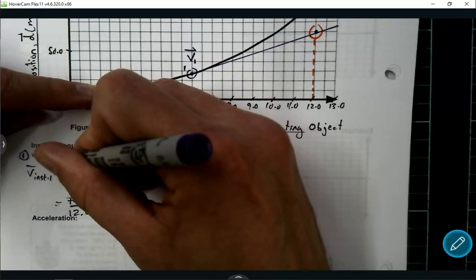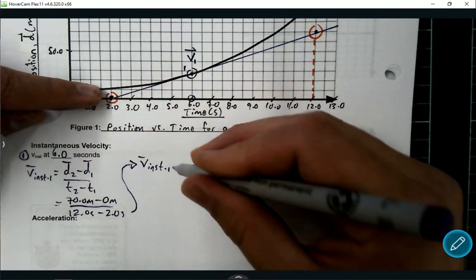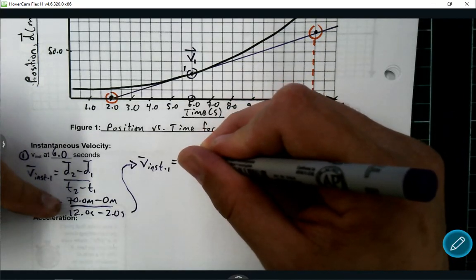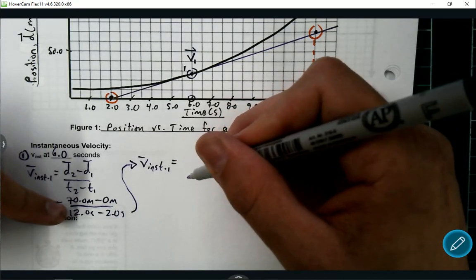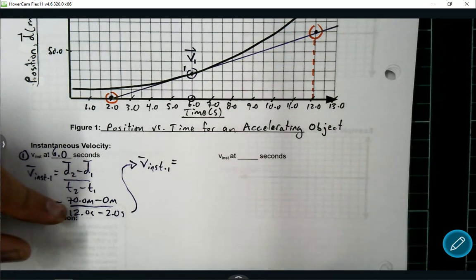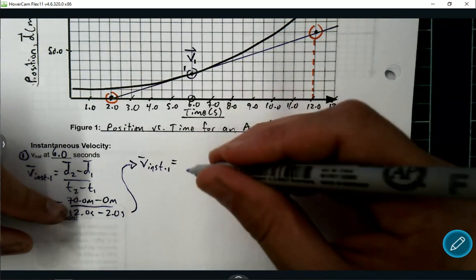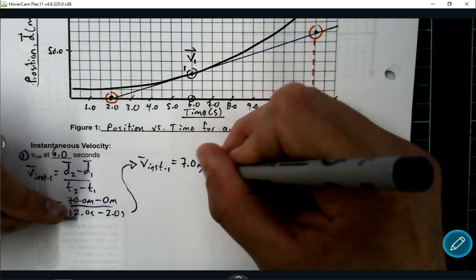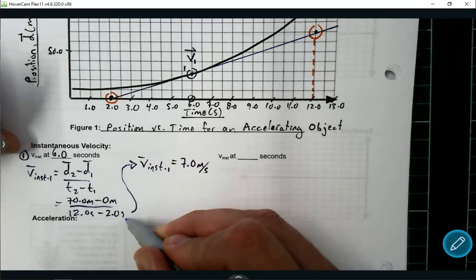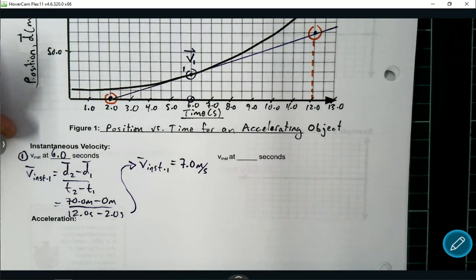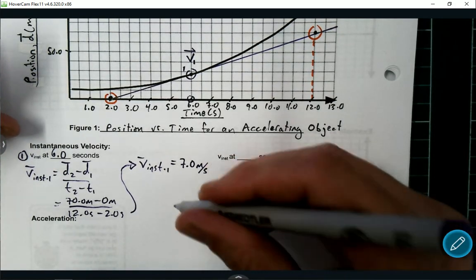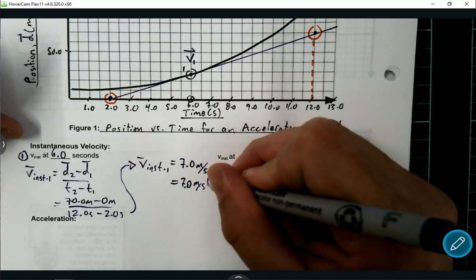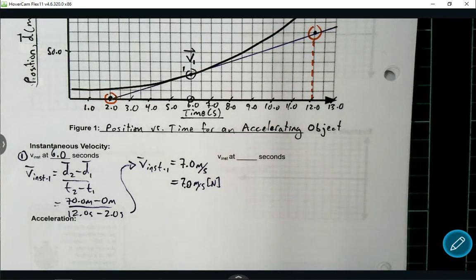I guess I should have arrows over top of each of these because they're vectors if I'm being really good about things. But 70 minus 0 is 70. 70 divided by, well, 12 minus 2 is 10. Isn't it just 7? 7.0 meters per second. And in case you're worried about the units, look, meters in the numerator, seconds in the denominator. So 7.0 meters per second. And we could even say 7.0 meters per second north, because we said north was the positive direction.